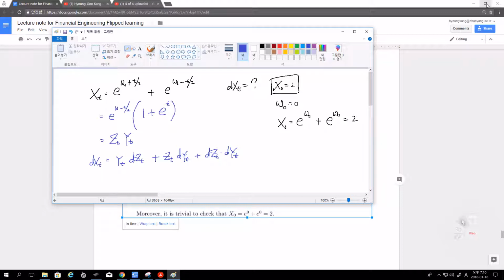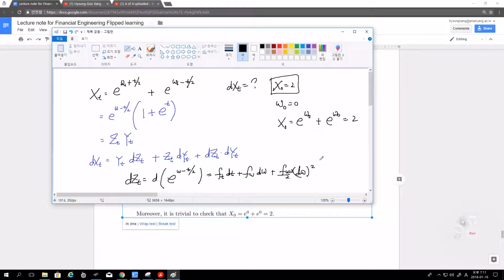So let's change it to black. So what is dz? Okay, this one. Z is this one. So it's basically z equals e to the w minus t over 2, right? Which is, first always ft dt plus fw dw, and then fww over 2 dw square, right?